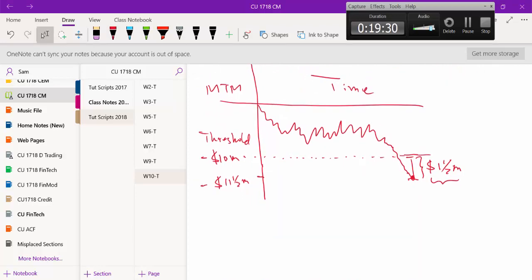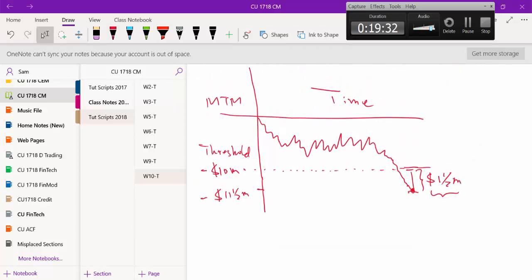Okay, now just suppose tomorrow things got even worse, and so let's say it was a vertical fall, so it just went from 10 or slightly above 10, and it dropped to 11.5. So immediately the derivative sales guy or the relationship manager will pick up the phone and call the client and say, can you please pay us $1.5 million?